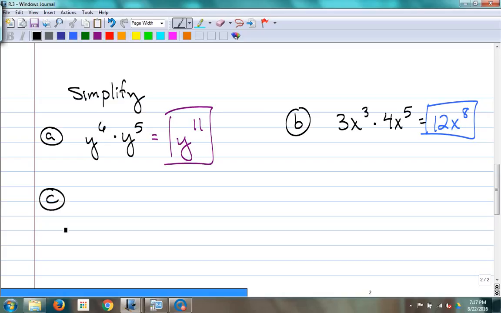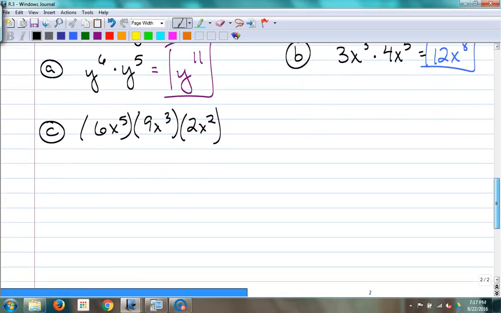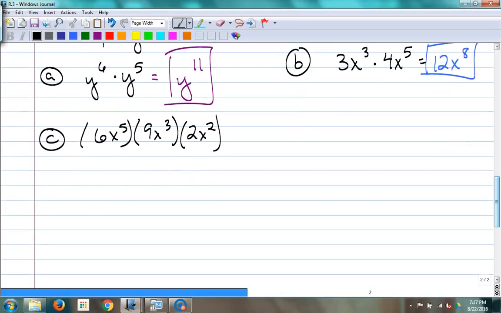Example C. Let's make it very difficult. Level expert. Maybe it's not level expert, but it's a little more difficult. So, what happens to the numbers?